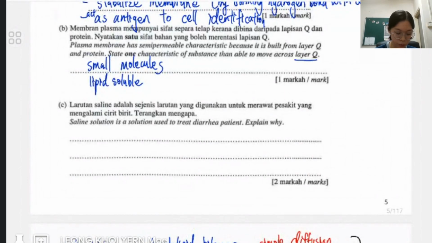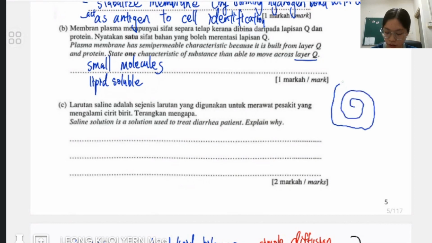Now let's move on to C. Saline solution is a solution used to treat diarrhea patient. Explain why. For diarrhea patient, they actually lose a lot of water. In order to illustrate this, let's take a look at this large intestine, although I'm not really good at drawing.